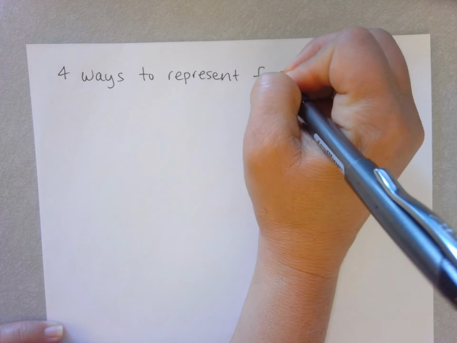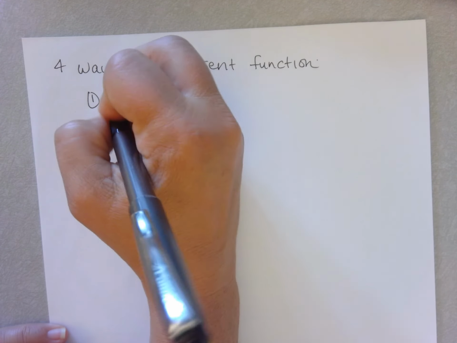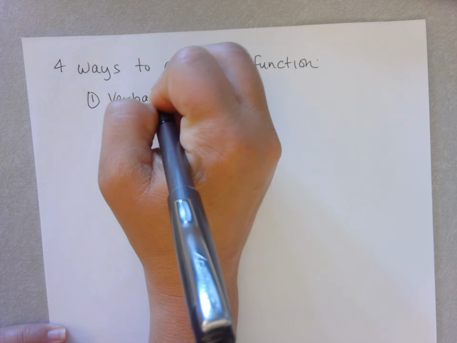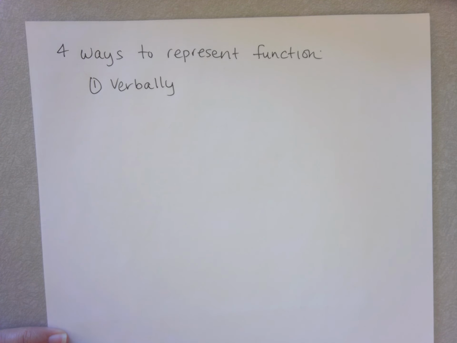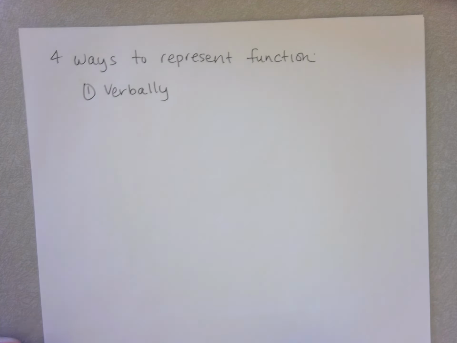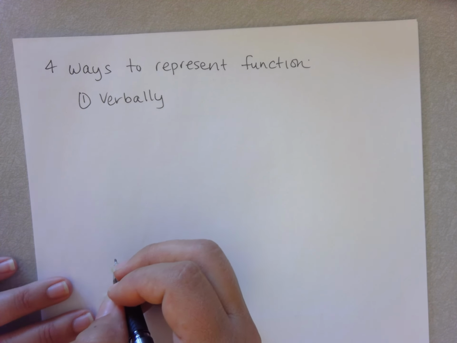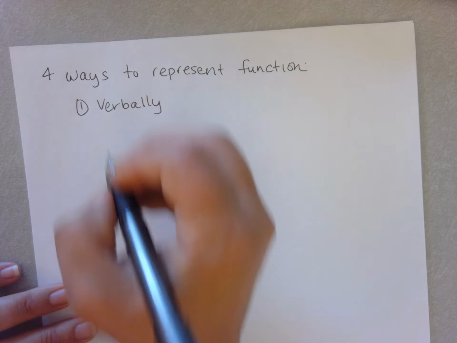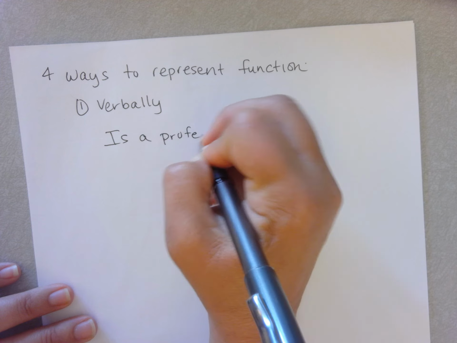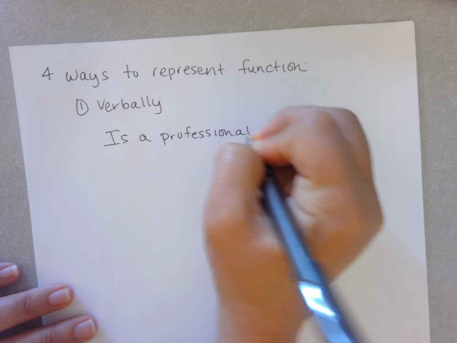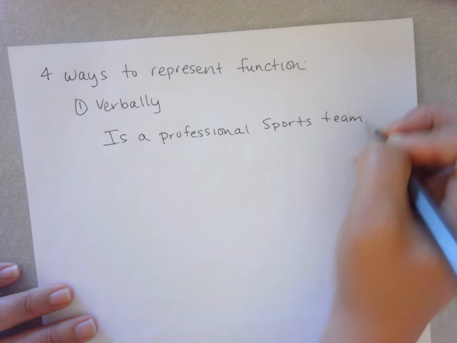All right. So first of all, one way to do it is verbally. We can talk about things like what we just talked about, the time and the temperature. We can think of it in terms of sentences. So for instance, an example of that is a professional sports team and a function of a city.